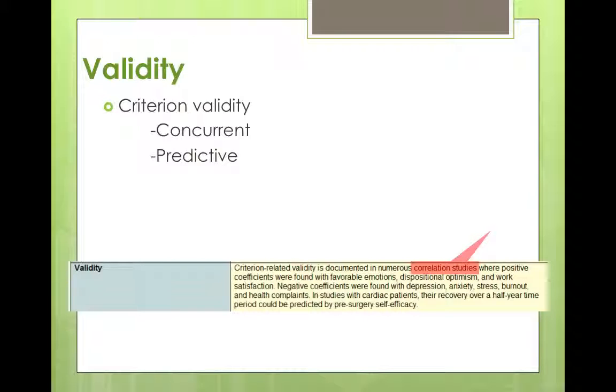We could repeat this process again, but this time administer the GSE and a scale that measures an unrelated construct, like the attitude towards drug scale. When we compute a Pearson's R, we should see low to no relationship between these scales, since they measure unrelated concepts.